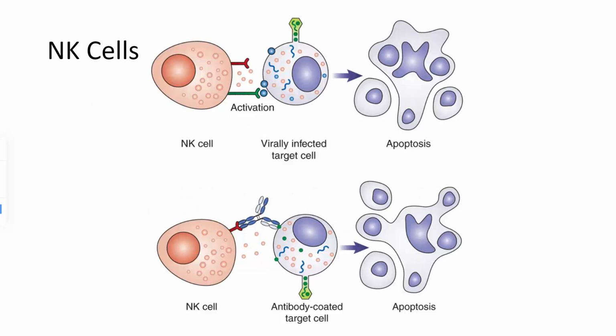But if it doesn't have those beneficial molecules, it's going to be activated. So virally infected target cells don't have those. Antibody-coated target cells don't have those. Anything like that it recognizes, it's then going to kill the infected cells, and it's going to cause those cells to go through apoptosis, or programmed cell death.